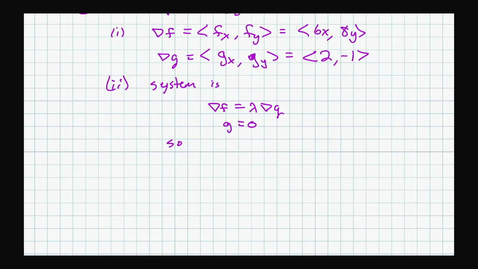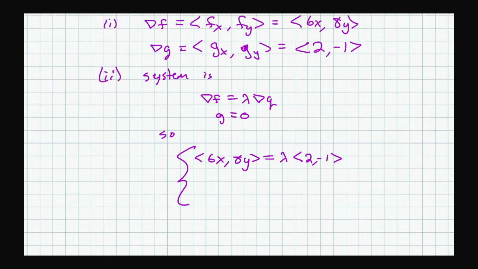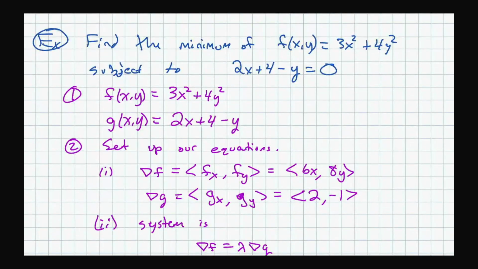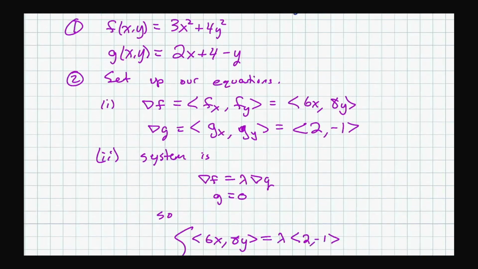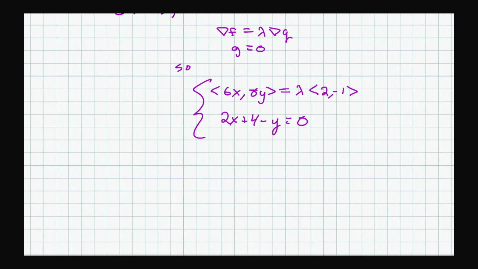The gradient f is 6x comma 8y equals lambda times 2 comma -1. And the other part is g equals 0, that was just the constraint. So 2x plus 4 minus y equals 0. So that's your system of equations that you have to solve.